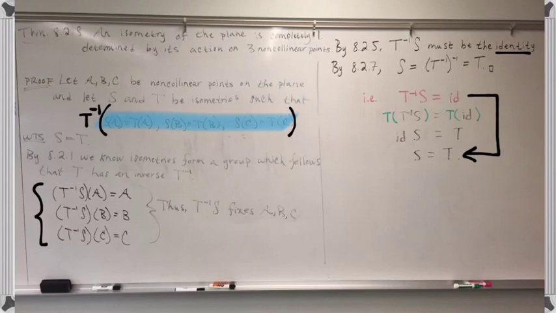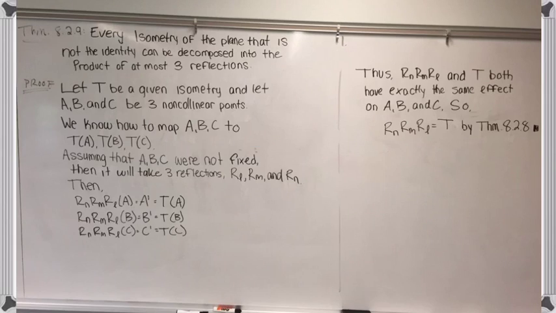So as soon as we know what is happening to the vertices of a triangle under an isometry, we now know everything about what that isometry does to the entire plane. And the last step in that process is that we use that to show that any isometry of the plane can be written as the product, the composition, of at most 3 reflections across different lines.